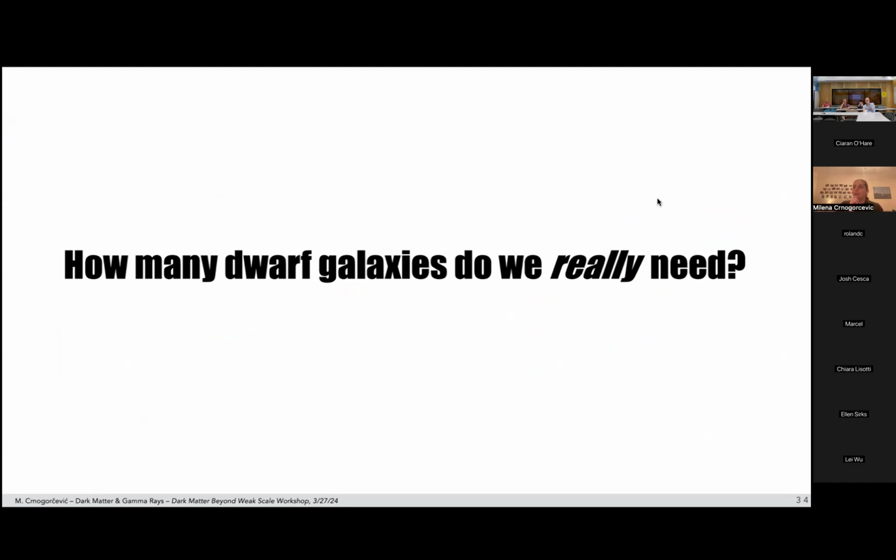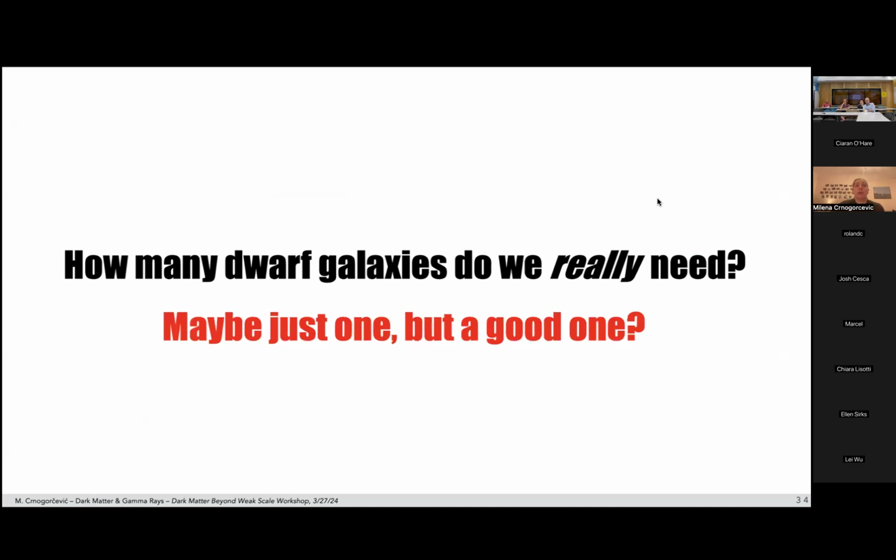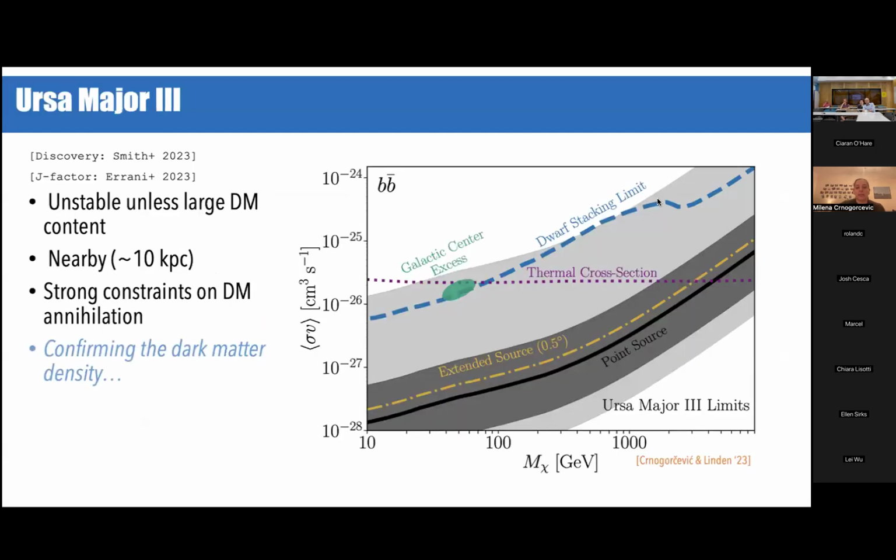If, for example, we keep adding dwarf galaxies, at some point we will start running out of them, and as we start putting in more and more systems whose morphologies might be differing to the extent that it's really hard to describe them, maybe what we can do instead is find just a really good one, and characterize it really well. And that is the example of what we did with Ursa Major 3.